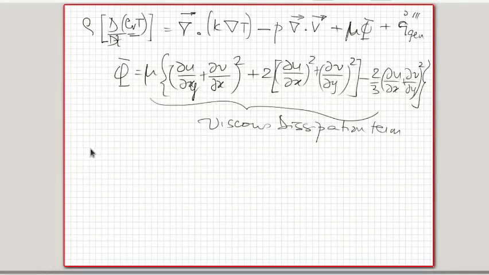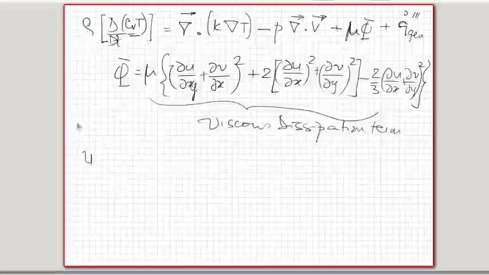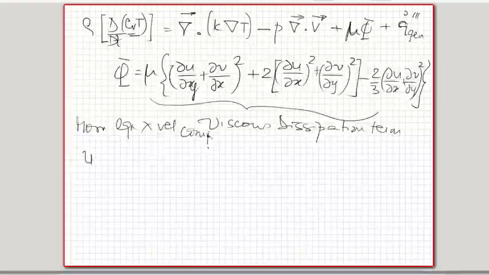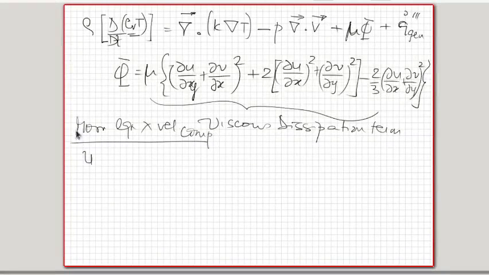So suppose I write the left hand side of the x momentum equation multiplied by the velocity component. In this case, the x direction momentum equation multiplied by the x velocity component.